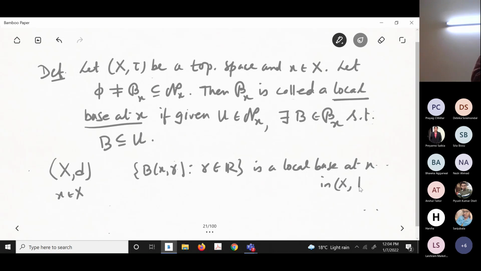The balls B(x, r) with r belonging to Q, the rationals, are also a local base at x.